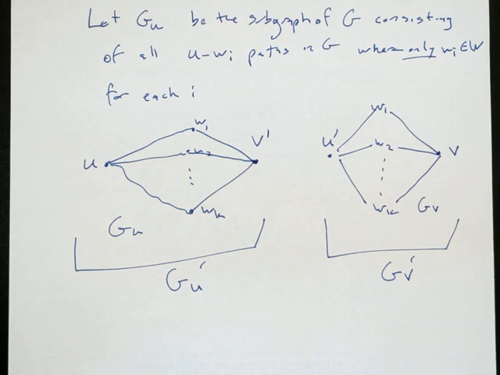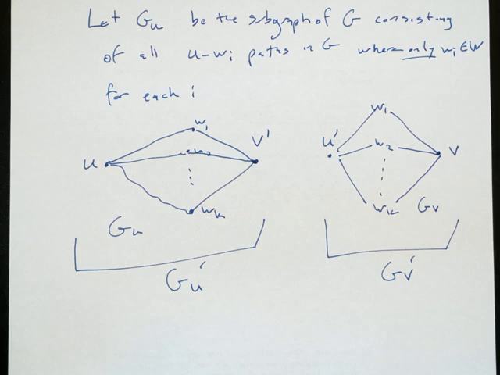But that means that the total number of edges over there has to be less than M, because I took away a bunch of edges over here. I took away K and more, didn't I? And then I added K. I added K edges, but I took away more than K, because at least one of these paths has length 2. Same thing over here.